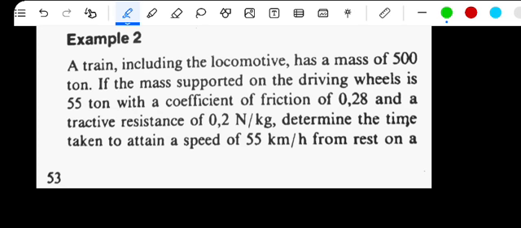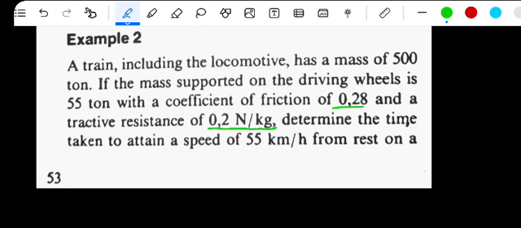The mass of the locomotive is the one we focus on most. It has a mass of 500 tons. The mass supported on the driving wheels is 55 tons, with a coefficient of 0.8 and a tractive resistance of 0.2 Newton per kg. Check now, they said kg.